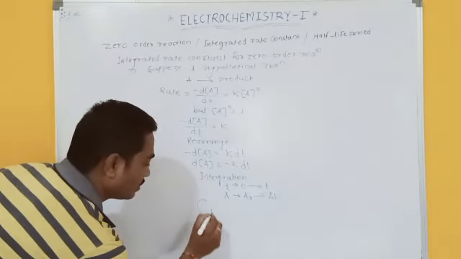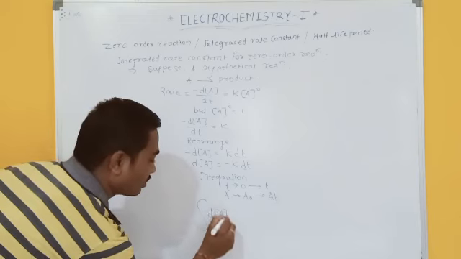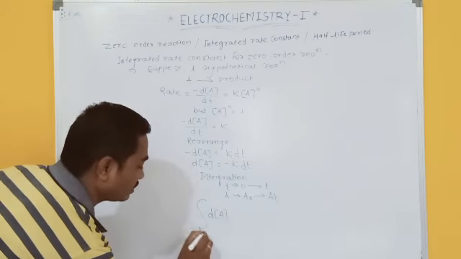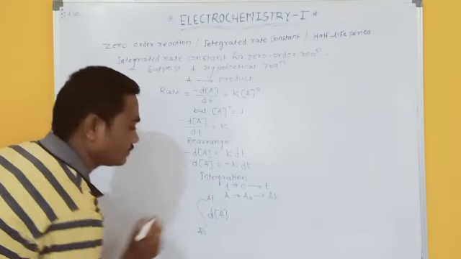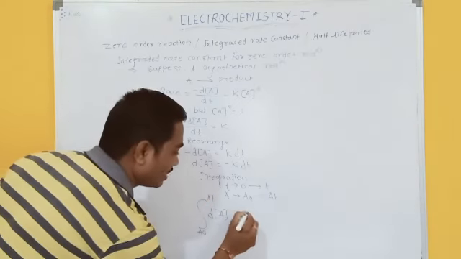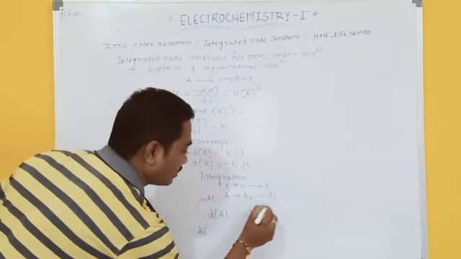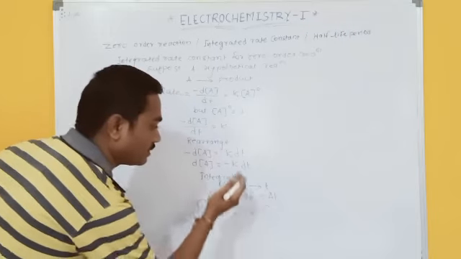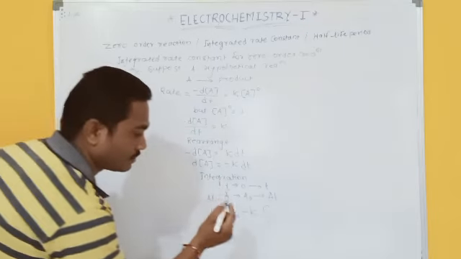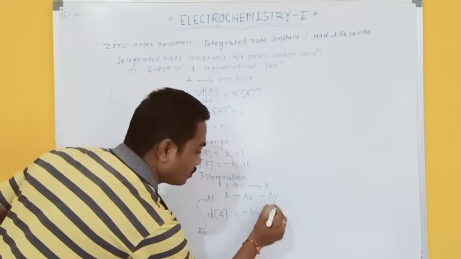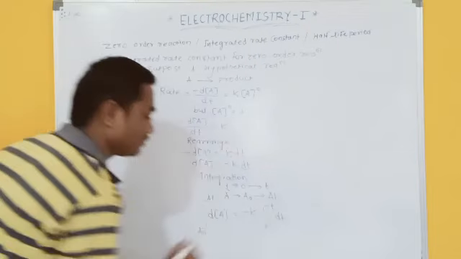Integrate d of concentration of A from A0 to At is equal to minus k integration, k is taken as a constant, 0 to t dt.